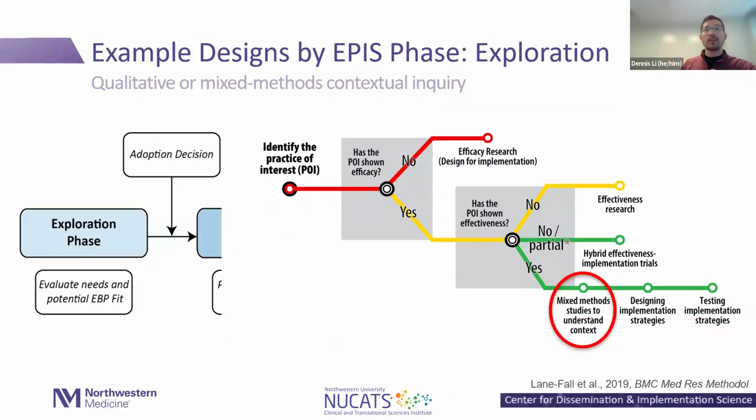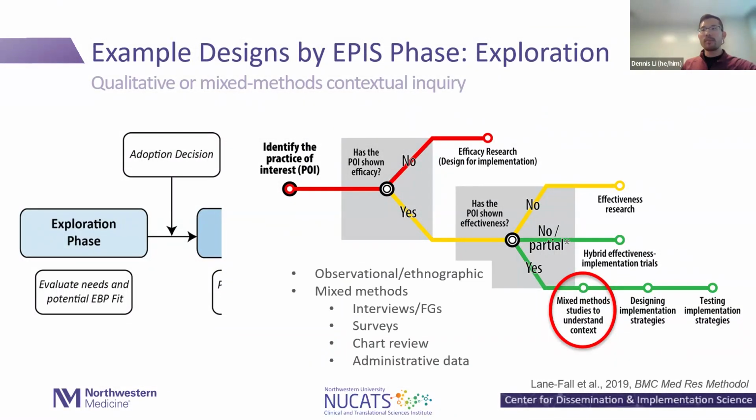Typically, in the exploration phase, you are doing qualitative or mixed methods contextual inquiry. And that mirrors the subway map that we've seen in the past, mixed methods studies to understand the context. What that might look like, you can do observational work or ethnographic work to understand what's happening in your contexts and figuring out what the needs are.